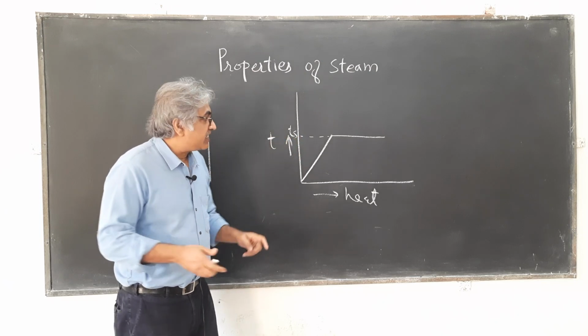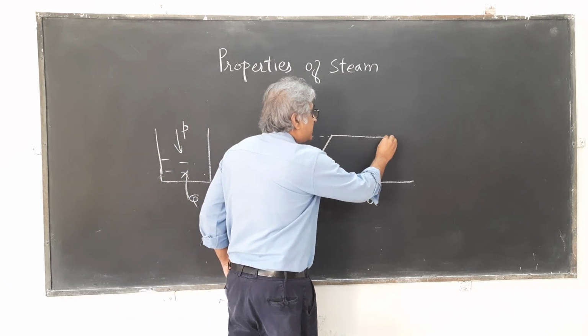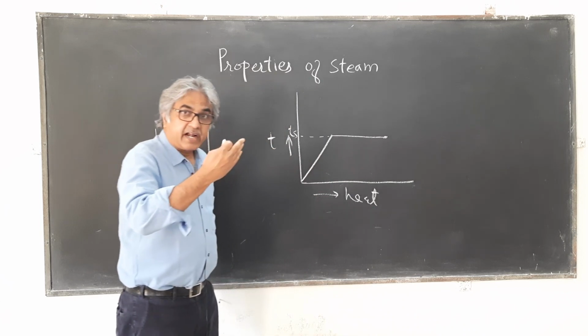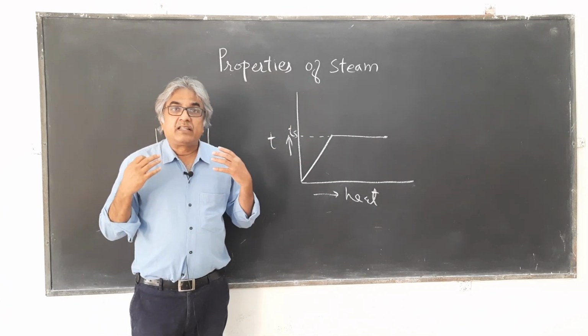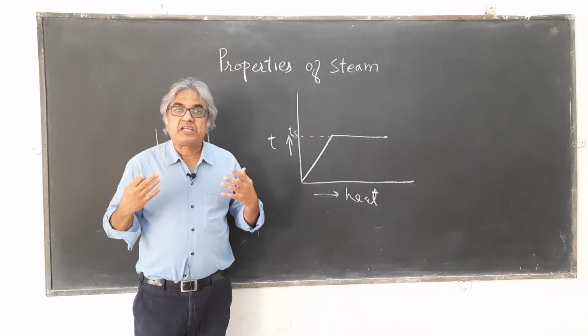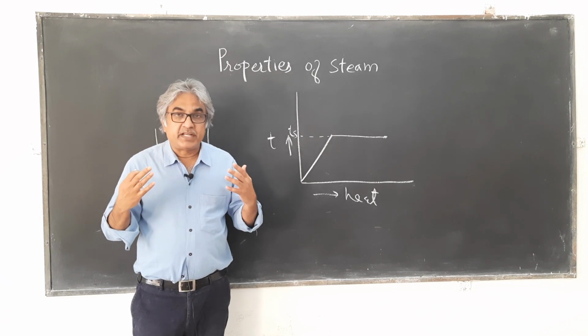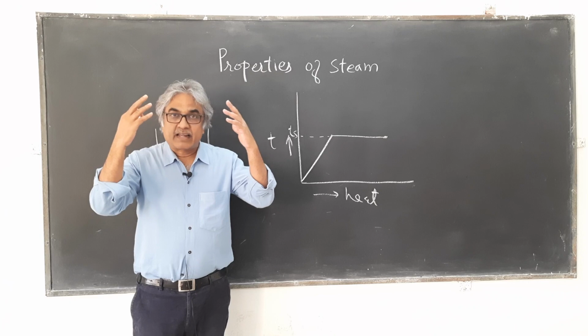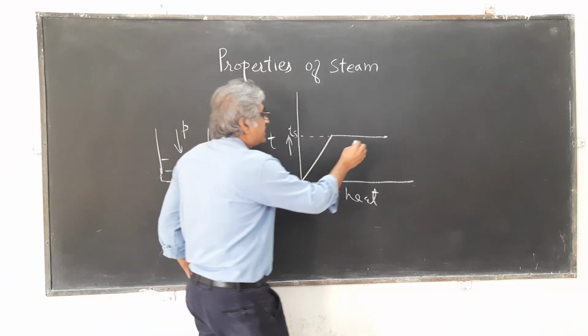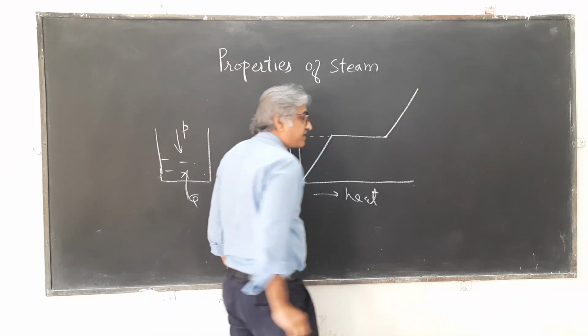If you heat beyond that, that means now all the water is converted into steam and you are heating beyond that, this is called superheating. So temperature will rise further.